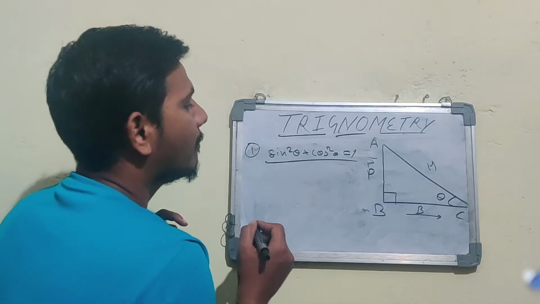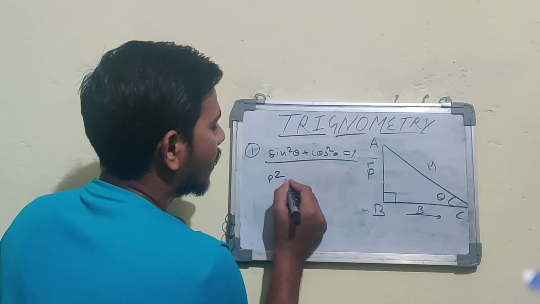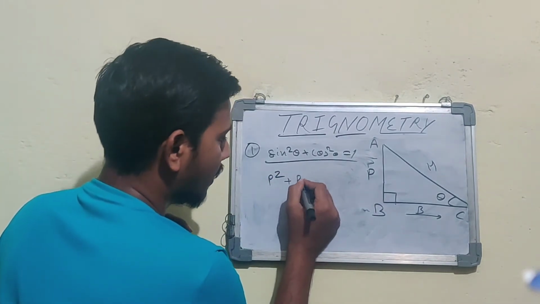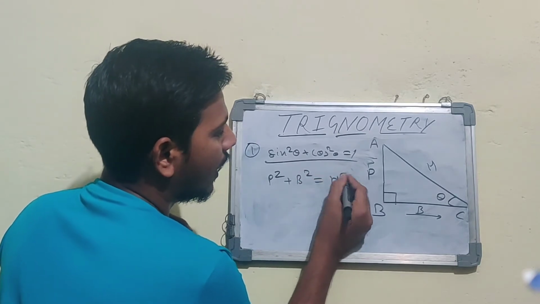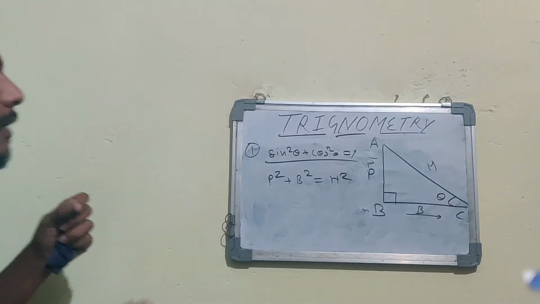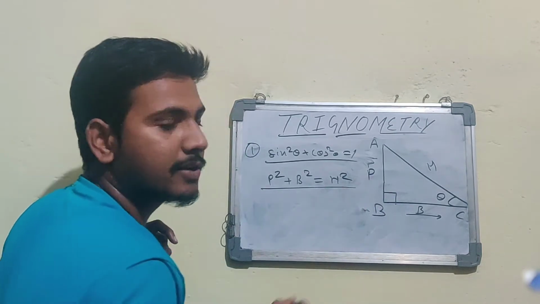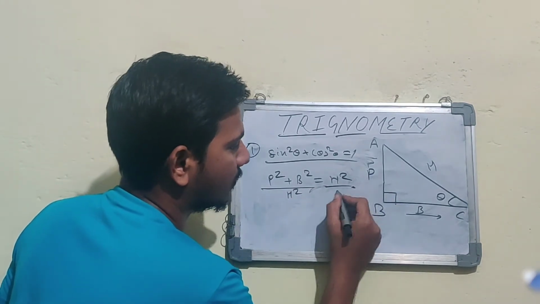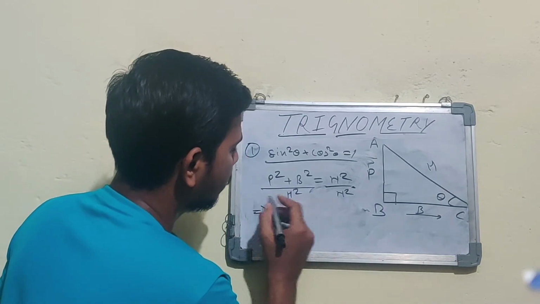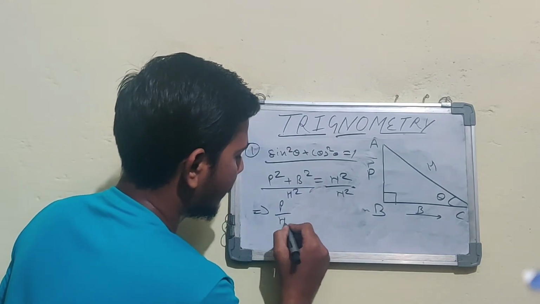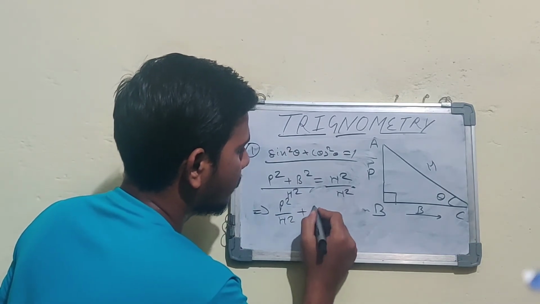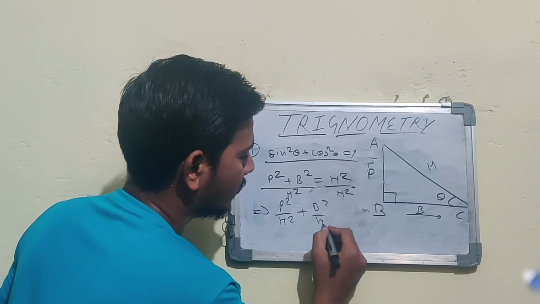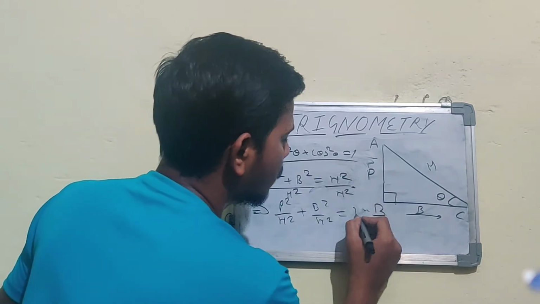Now we all know by Pythagoras theorem p square plus base square is equal to hypotenuse square. Now we will divide this whole equation by h square, which gives p square upon h square plus b square upon h square is equal to 1.